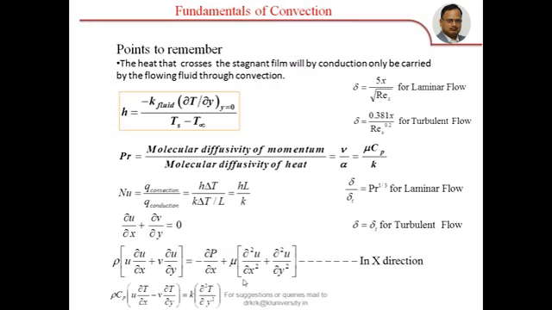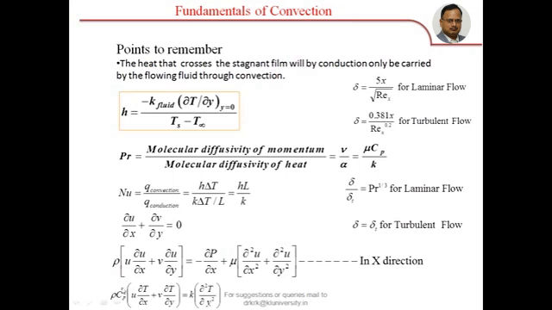And the energy balance equation leads to rho Cp U dou T by dou X plus V dou T by dou Y equal to k into dou square T by dou Y square, neglecting the variation of temperature in the X direction because temperature varies only in the Y direction. We assume that as the fluid is flowing in the X direction, the temperature variation along it is neglected.